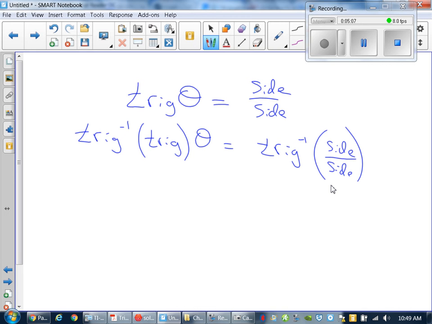A minute ago, we wrote down that 4 to the negative 1 was 1/4. Trig to the negative 1 would be 1 over trig. So here's what happens.